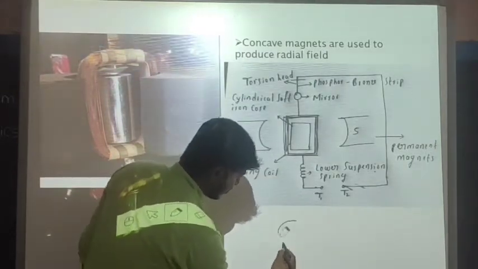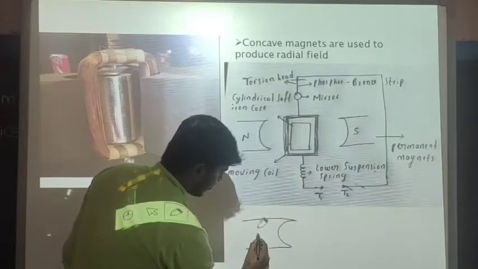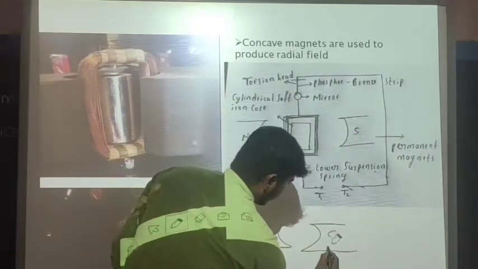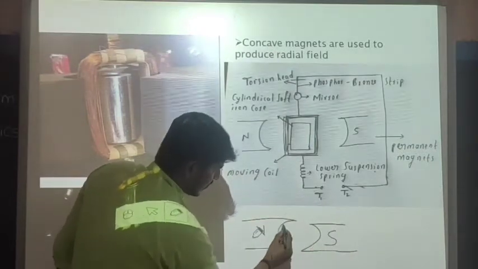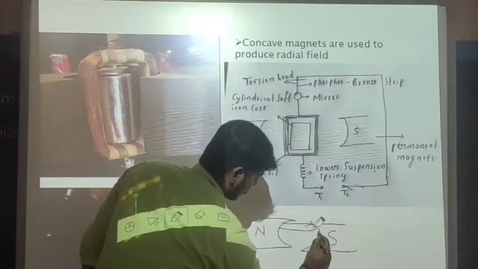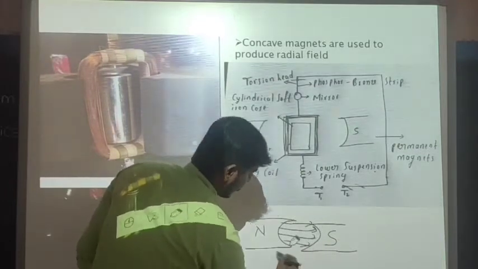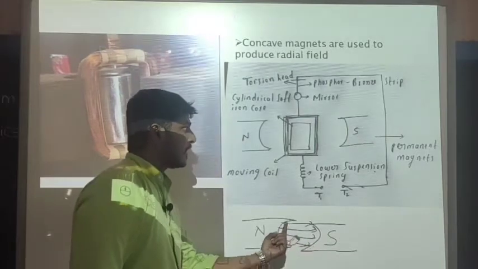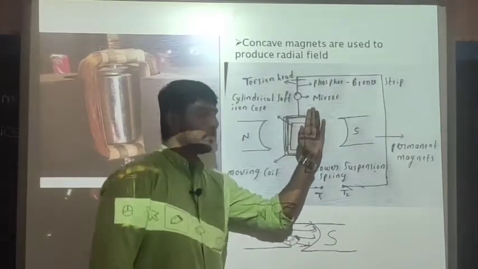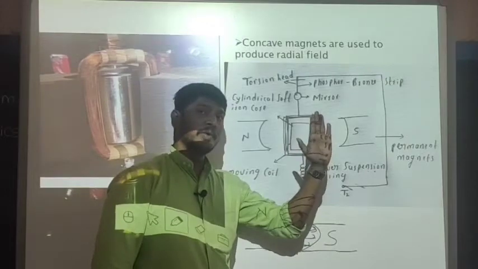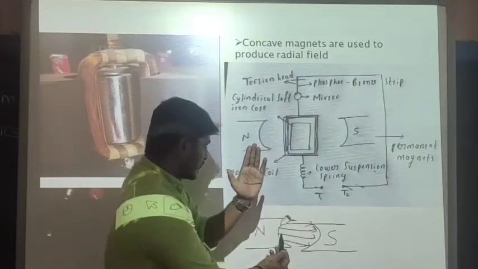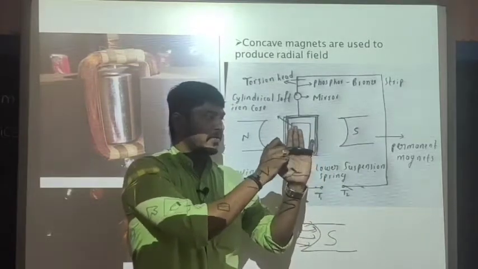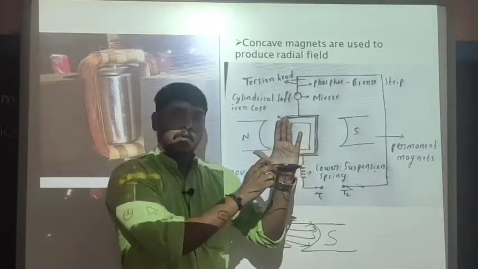Let us suppose these are two magnetic poles, north and south, and these are the magnetic field lines. These magnetic field lines are parallel to the plane of the moving coil. Let us suppose this is the moving coil, then these magnetic field lines are going to be parallel to the plane of the moving coil.